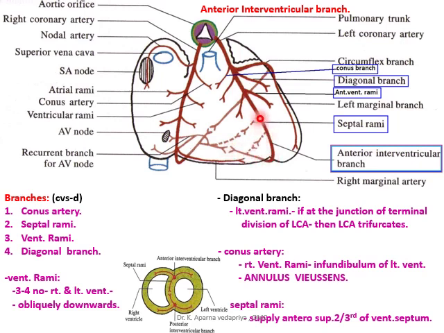These septal rami pierce the substance of the interventricular septum and anastomose with the septal rami of the right coronary artery, which are arising from the second segment of the right coronary artery.